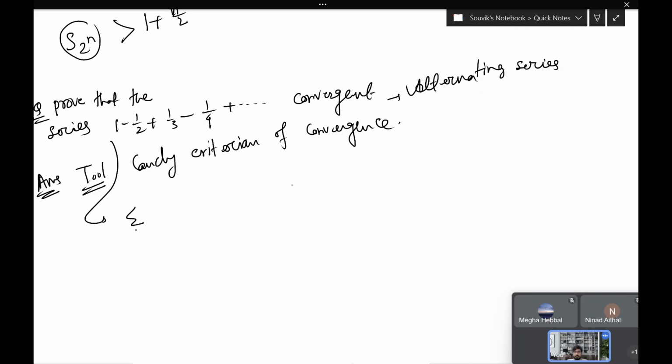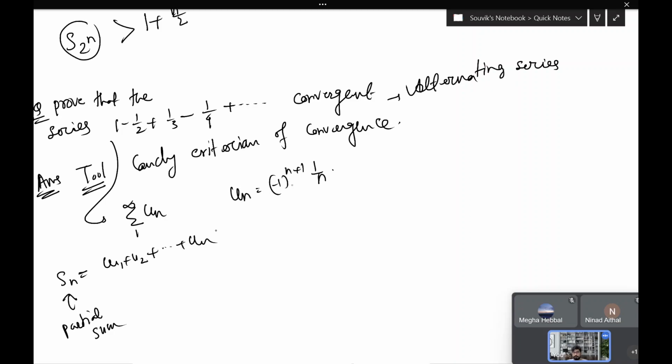Let's assume this series be summation un. Then un is equal to minus 1 to the power n plus 1, 1 by n. And consider Sn, the partial sum. I should write it before. Okay, sorry for that. Sn is equal to u1 plus u2 plus up to un.